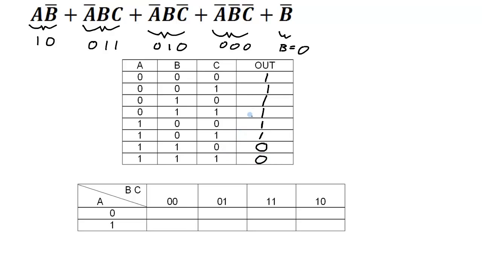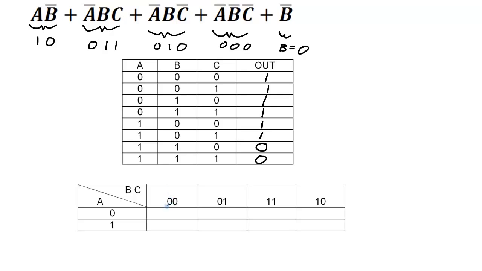The next step is to fill in the Karnaugh map from the truth table. So remember each one of these boxes corresponds to a box in the truth table. So for example, this is the 0, 0, 0 box. A equals 0, B equals 0, and C equals 0. So we'll fill in whatever the output is in the output column in the appropriate box in the Karnaugh map.